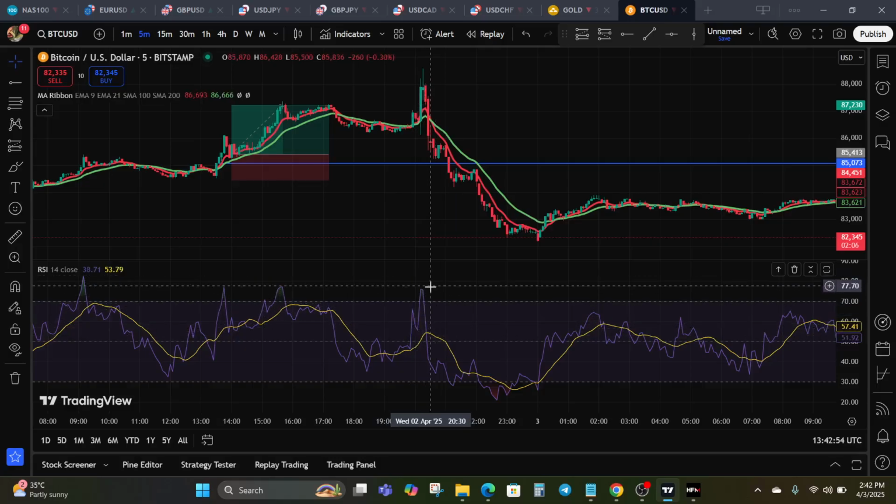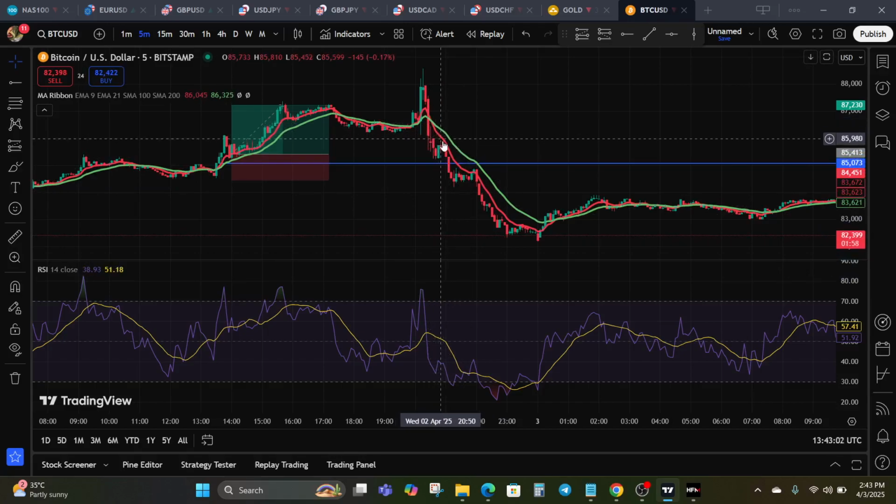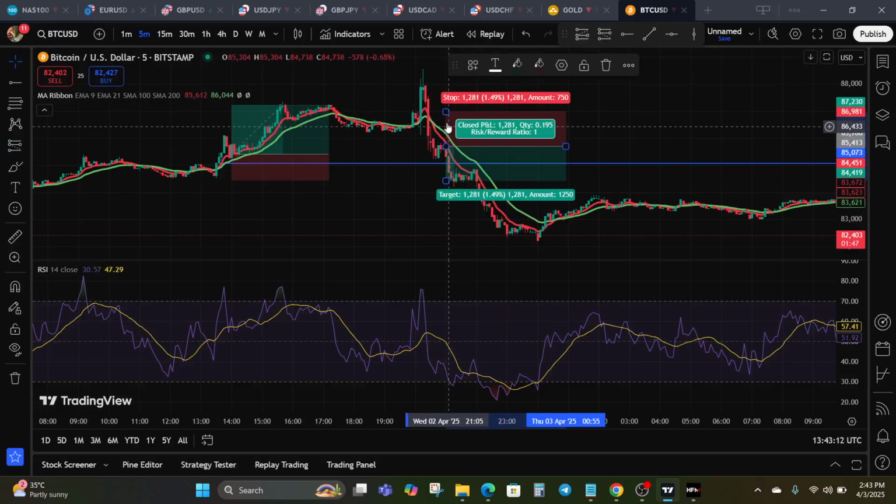Increased volume confirms momentum in the bearish direction. Then you can enter as the BTCUSD price rejects and retests the 9 EMA. You can see that around here there was a drop below the EMAs, and then we had a retest around here, right? So you can enter your sell after you get your confirmation.